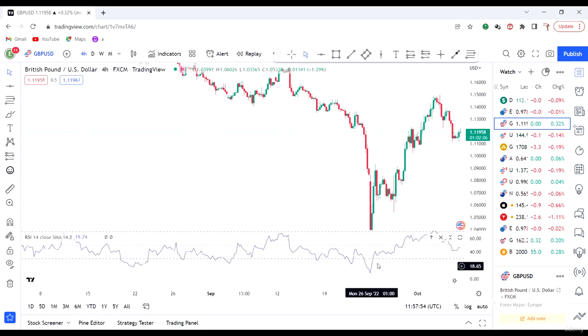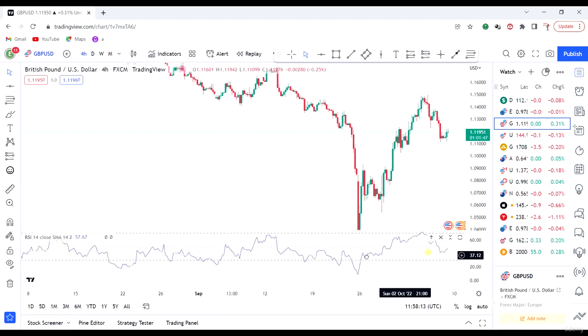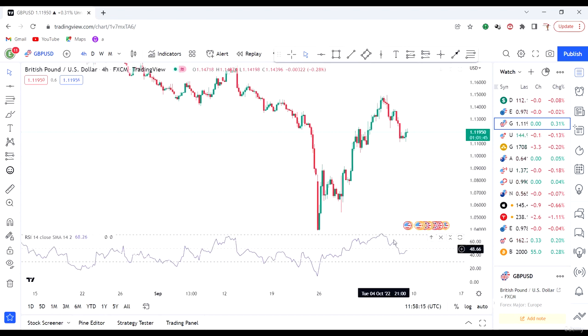Likewise, for buying opportunities at levels like this where the market has crossed below the 30 level and then gone down like this and even starts crossing above.